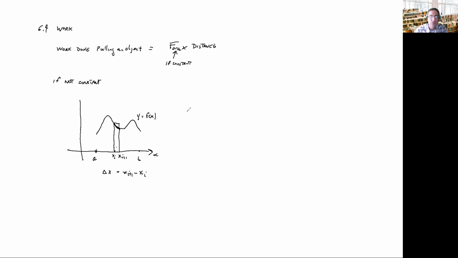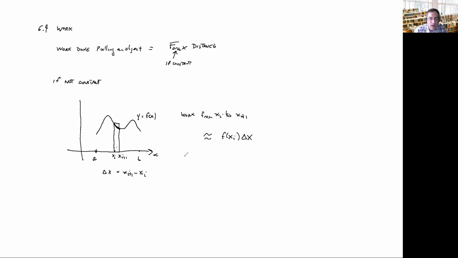So we can think of the work done along the strip from x_i to x_{i+1} as being approximately given by the value of the force at x_i, times the distance you travel from x_i to x_{i+1}, which we said was delta x. This is only approximate because the force is changing along x_i to x_{i+1}, but if that delta x is small, this is a fairly good approximation.